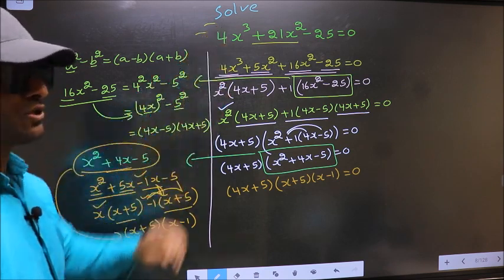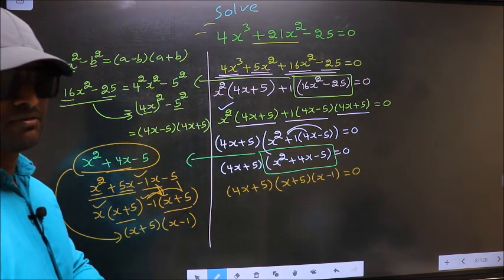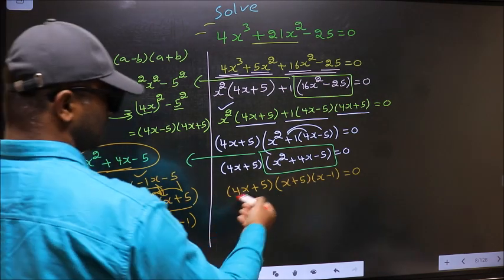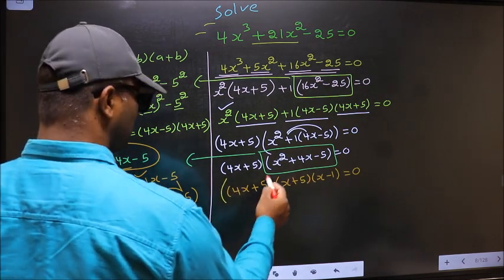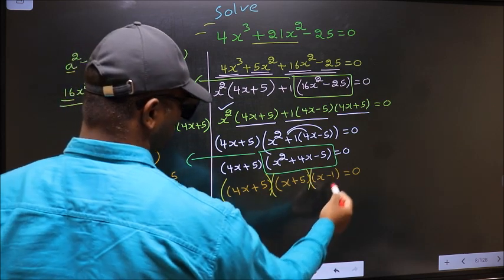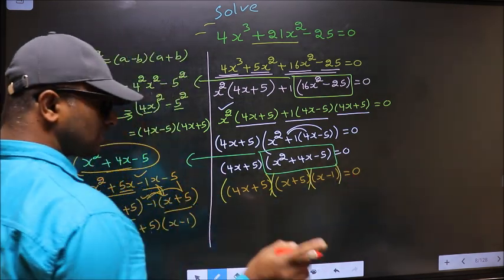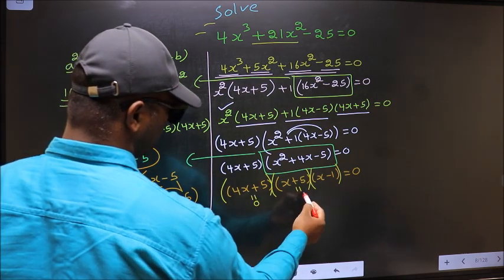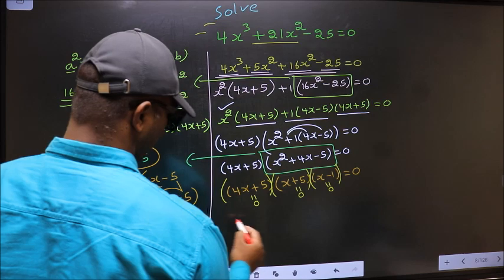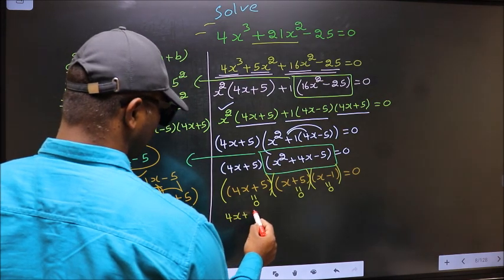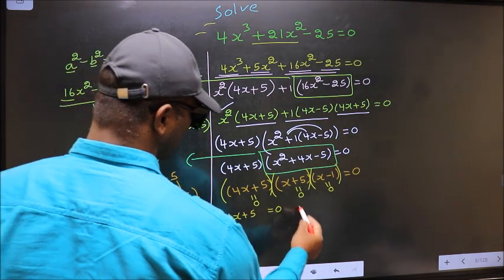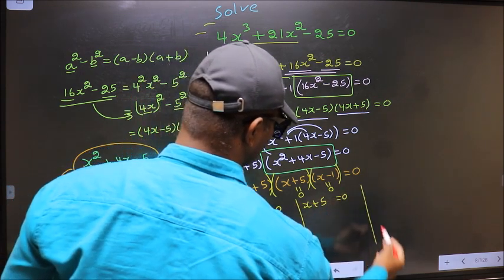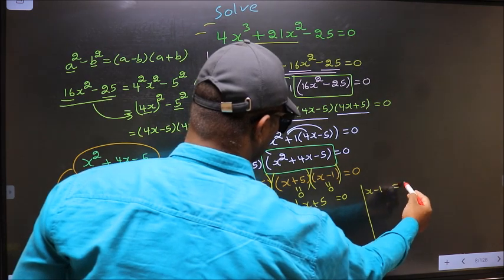They told us to solve, which means we should get the values of x, and over here we got a product of brackets equal to 0. So to get x values, we should equate each bracket to 0. That is 4x + 5 = 0, x + 5 = 0, x - 1 = 0.